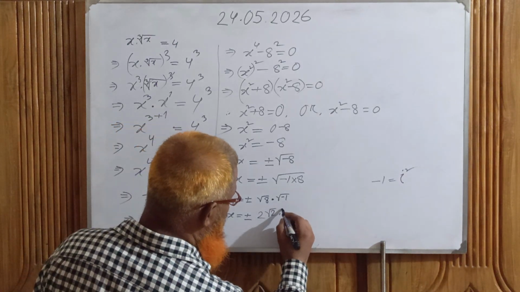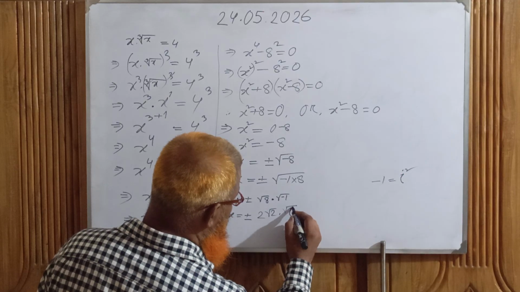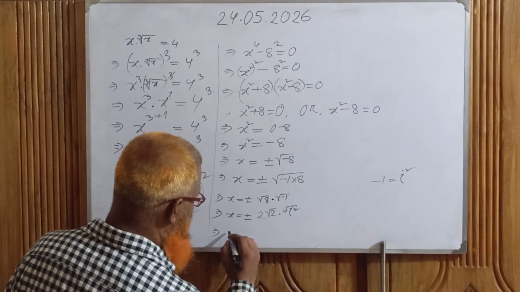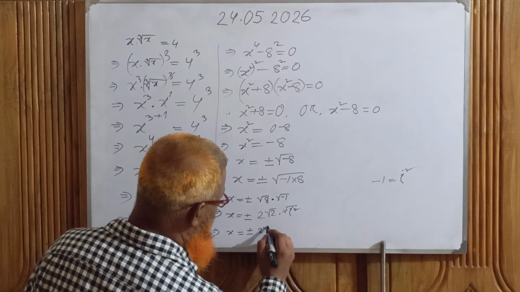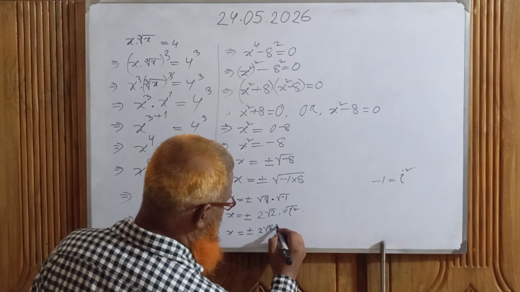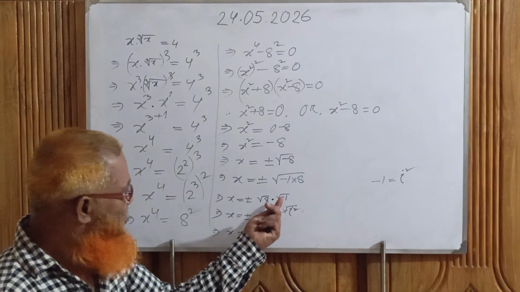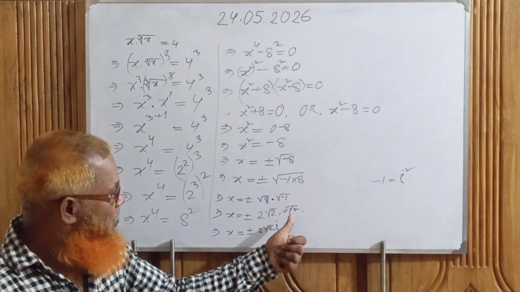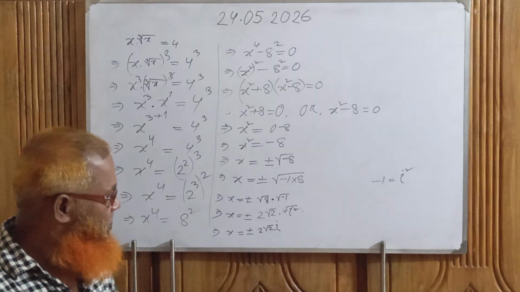So here the imaginary square, root and square are cut, and x equals plus or minus 2 root 2 and the imaginary unit. So the root of negative 1 has gone to the imaginary unit.